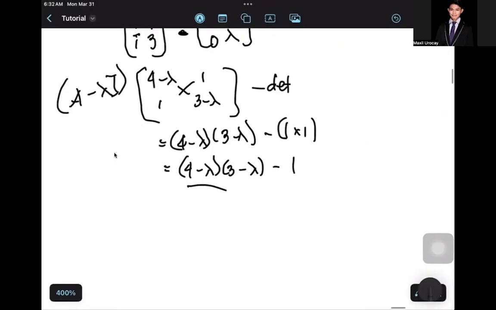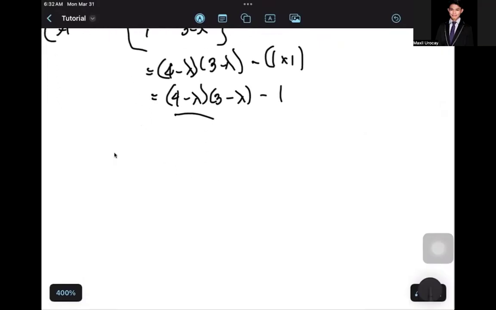We can use the FOIL method for that. How could we do it? First, what will be the first right there? It will be 4 and 3. So expanding that one, it will become 12.